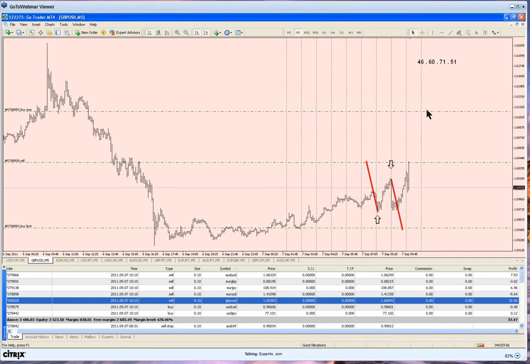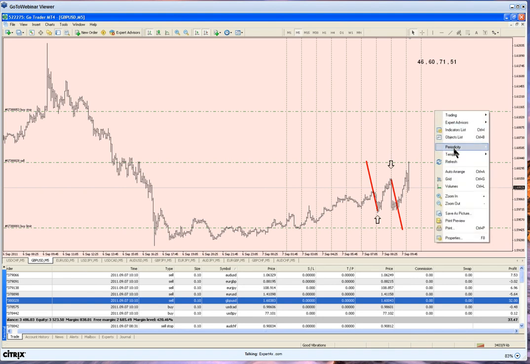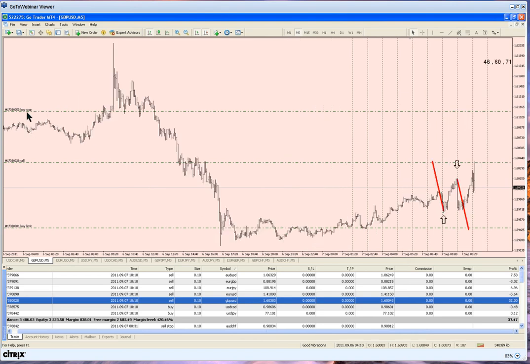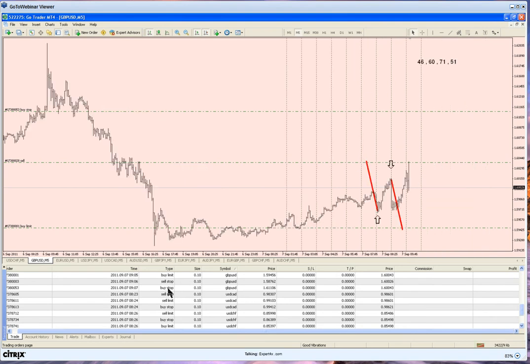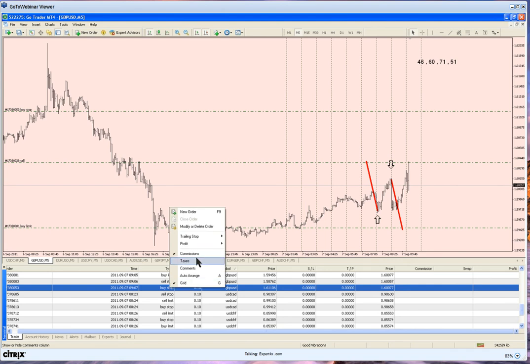So we've got that in place, and I can actually take this one, the buy stop on the pound. Oh, I've got to go and find it. The buy stop on the pound I need to take out.